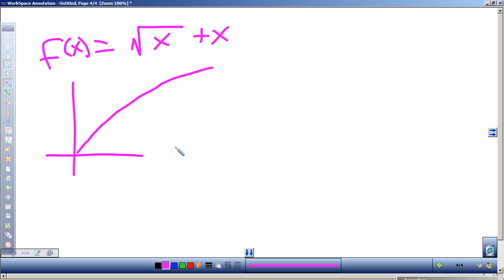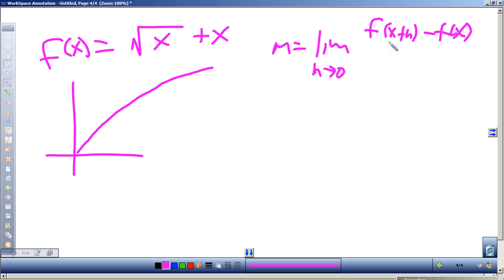Now, how do we apply this to this? So remember, m equals the limit as h goes to 0 of f of x plus h minus f of x all over h. Now, I don't know if this one's going to come out nicely, but it could. So first, plug in our stuff.